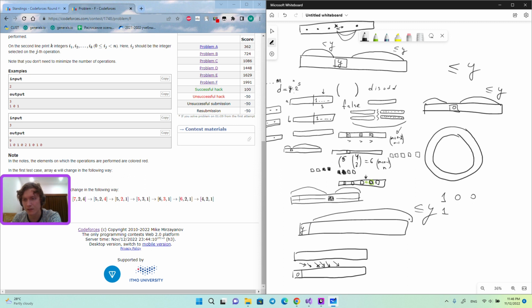So I find the prefix sums, and then I go in the opposite direction.